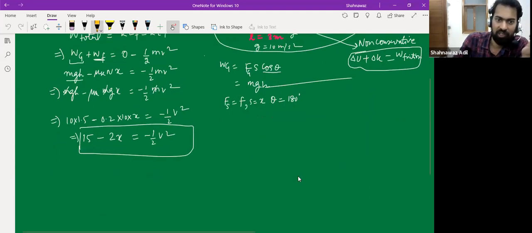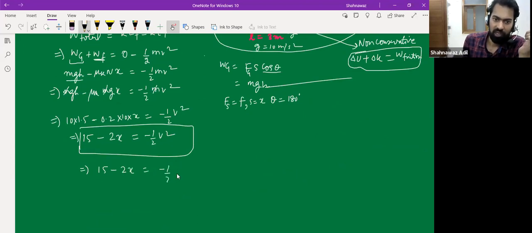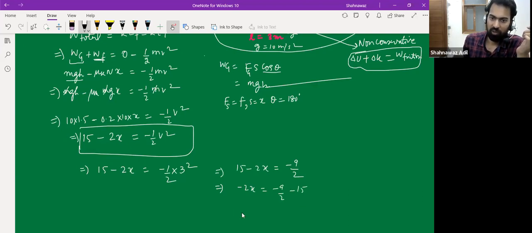So let's say the velocity is given, so your x will be what? So this is 15 minus 2x, and this is minus half, and this is 3 square. So this will become 15 minus 2x, and this is minus 9 by 2. So this comes here: minus 9 by 2 minus 15. So this is 2x and minus 9, and this is 30 by 2. So this is 2x and this is minus 39 by 2.